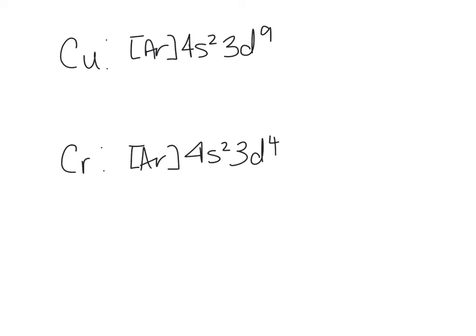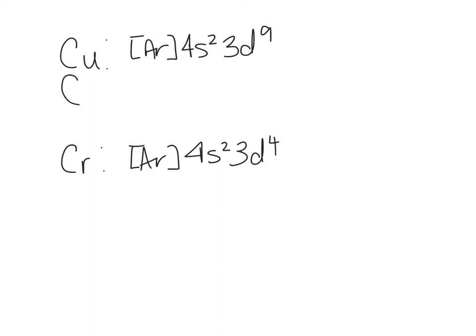A half-filled d orbital is very stable, and so is a full one. So what happens is, if they are only one electron away from being half-filled or full, they will take an electron from the s orbital.